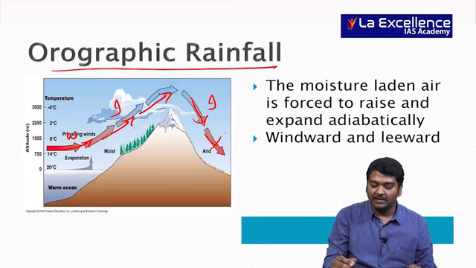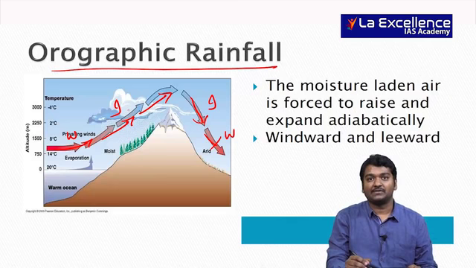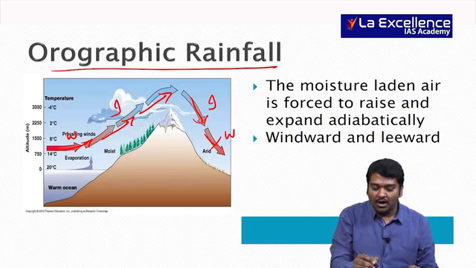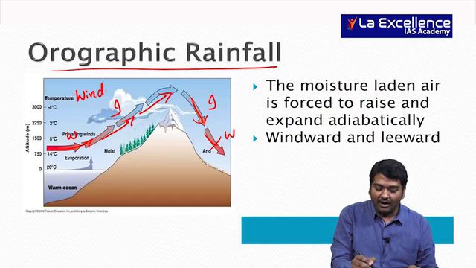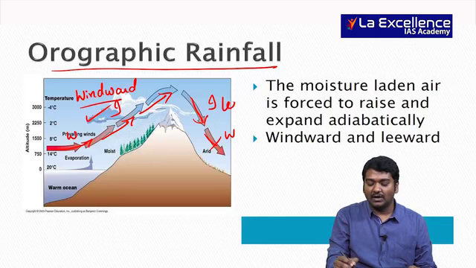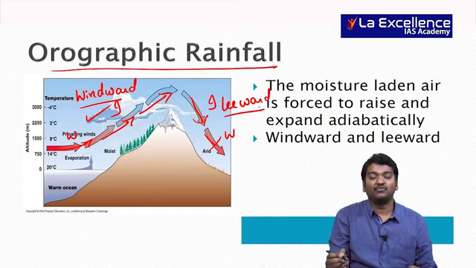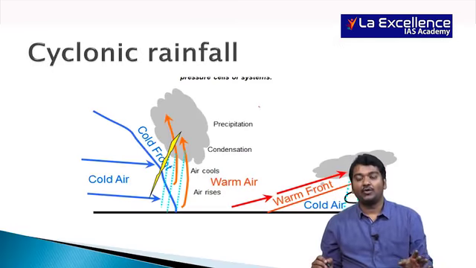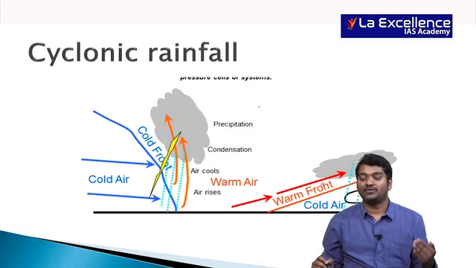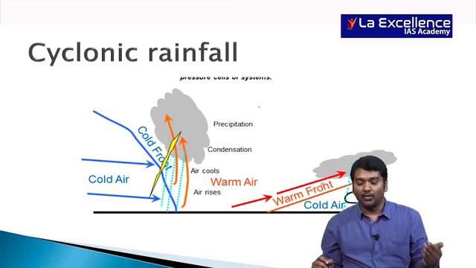Coming down means ice will become water. If water becomes ice, rainfall will be there. If ice becomes water, no rainfall. So this side, windward, usually receives more rainfall. This side is called leeward, and doesn't receive much rainfall. Cyclonic, along the fronts, whatever rainfall you see is called cyclonic rainfall.